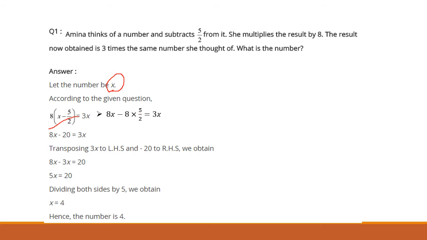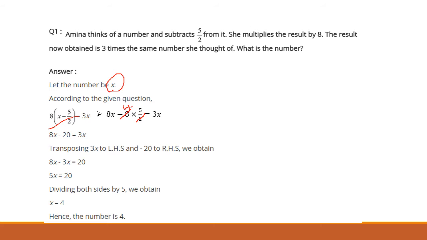So let us simplify this linear equation. 8 into x is 8x. Plus into minus is minus. Then 8 into 5 by 2 is equal to 3x. 2 ones are 2, 2 fours are 8.